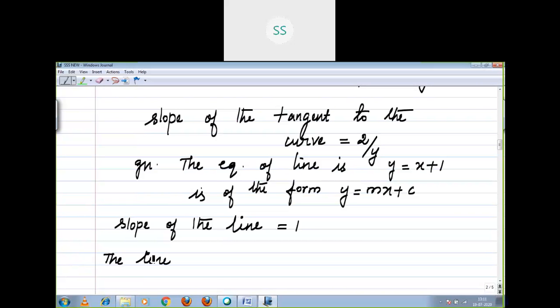See what I am going to write. You have to listen carefully, children. The line y is equal to x plus 1 is a tangent to the curve.